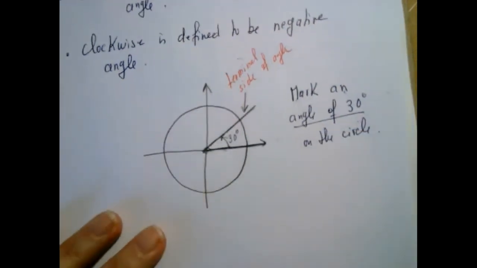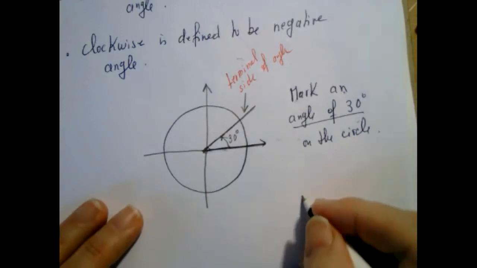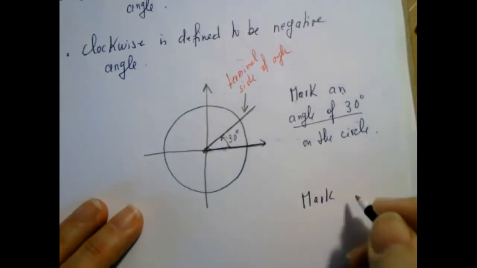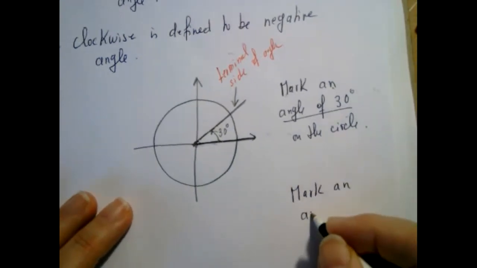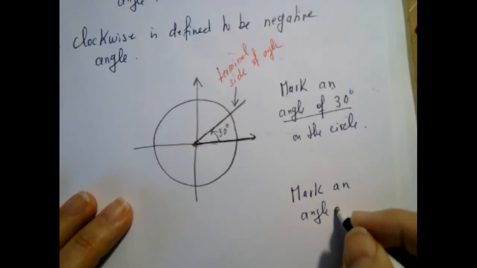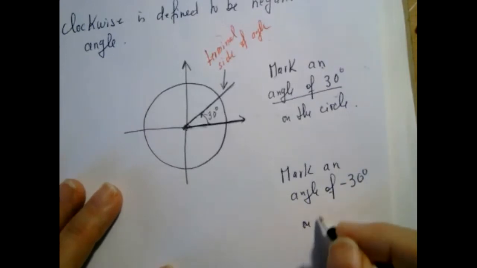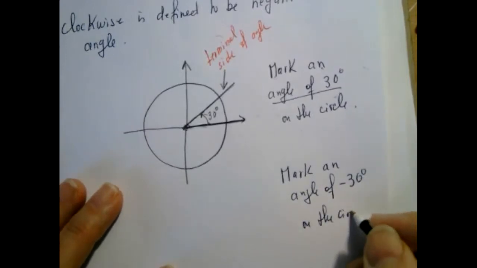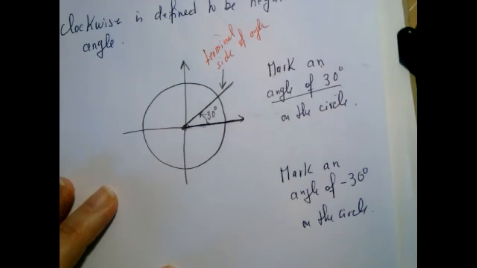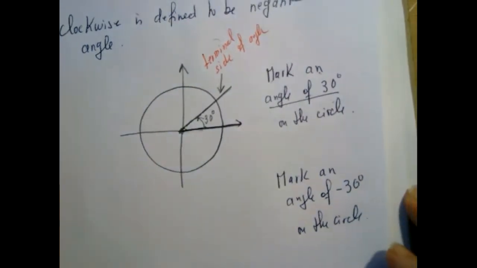So now let us say I tell you, mark an angle of -30 degrees on the circle. I'm going to mark it on the same circle. Now I have no confusion.